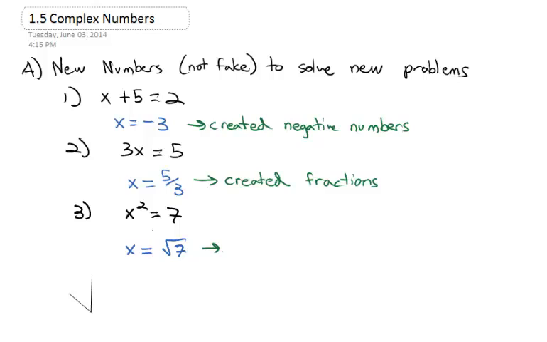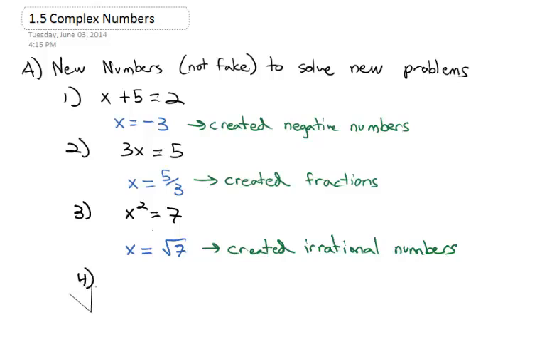We cannot write as a decimal. So they had to create irrational numbers. Numbers that could not be written as a fraction. Numbers such as pi, the square root of 2, and, in this example, the square root of 7.